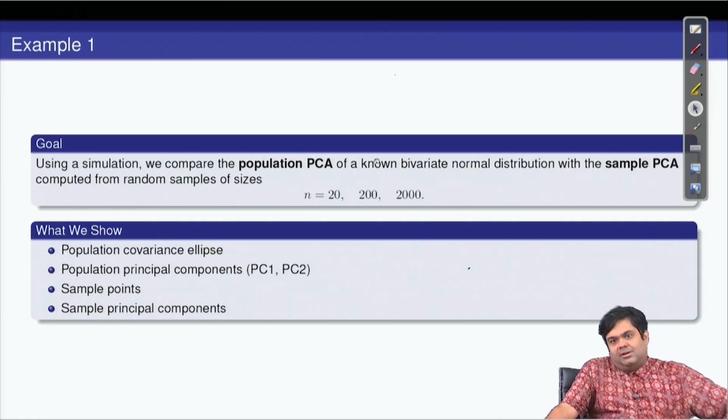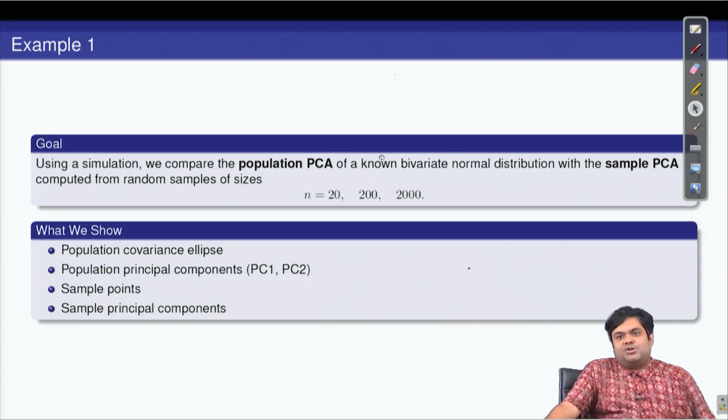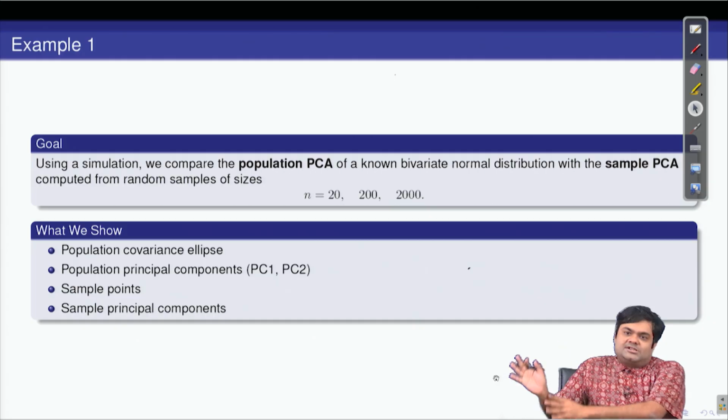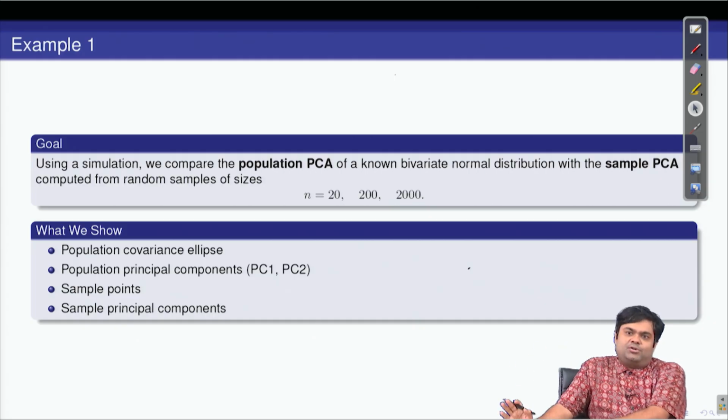Well, we know the bivariate normal distribution to begin with. This is not really what happens in real life. I am just trying to give you a simulated example to show how sample PCAs behave vis-a-vis population PCAs and what happens when sample size increases.